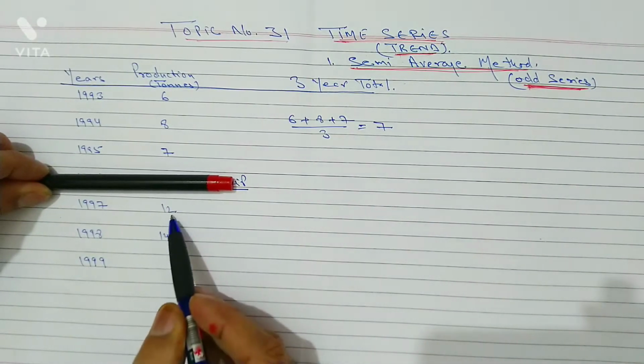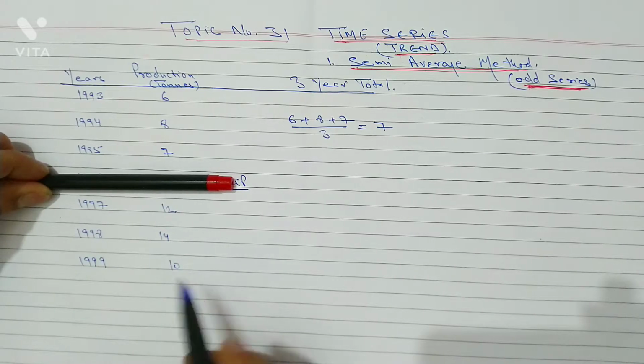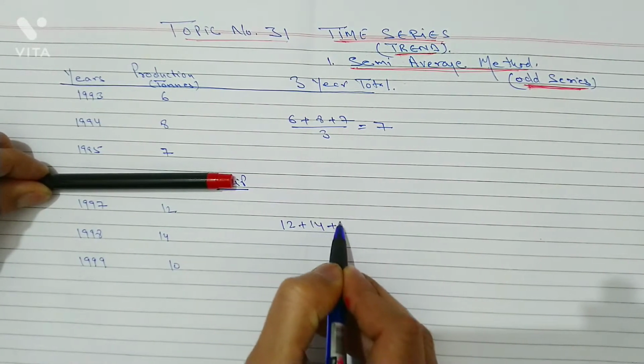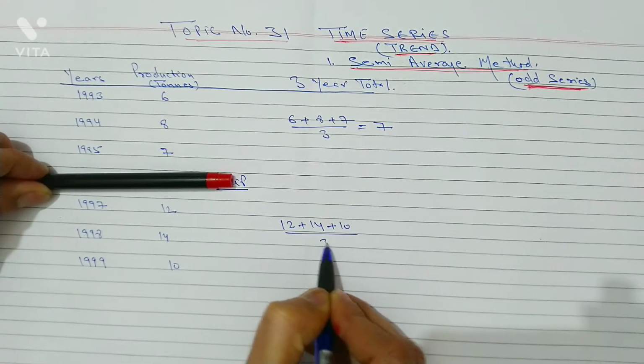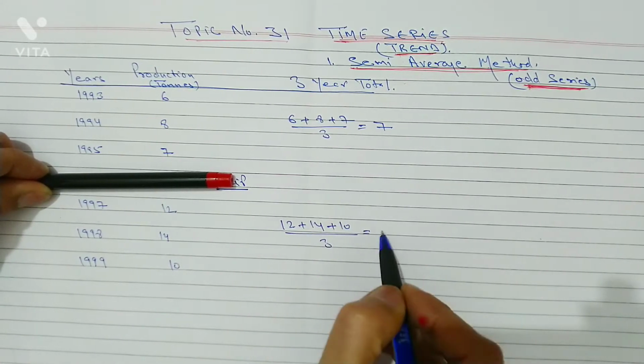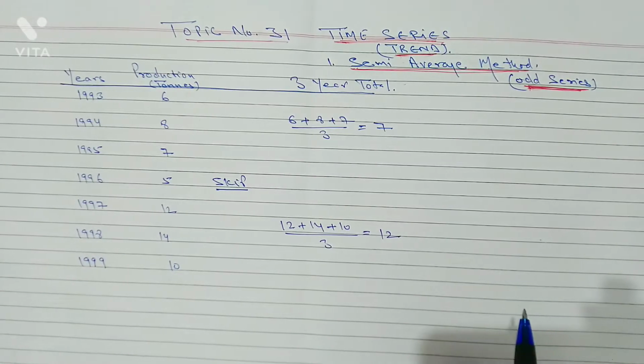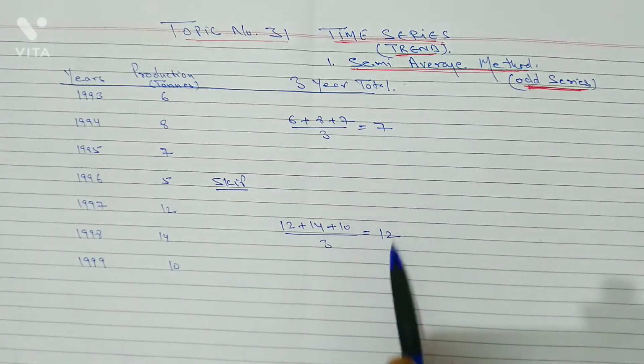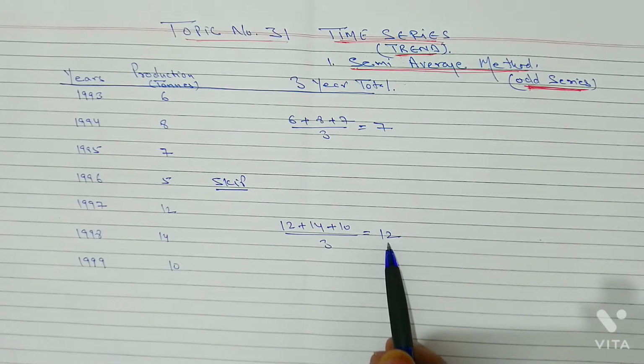Now the next: 12 plus 14 plus 10, divided by 3. We get 12. Now the first semi-average is 7, and the other semi-average is 12.